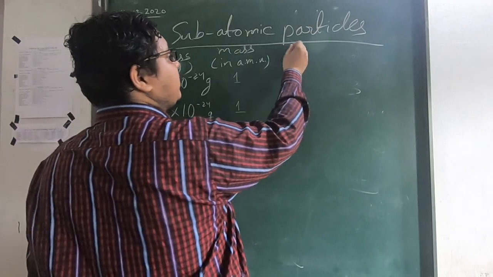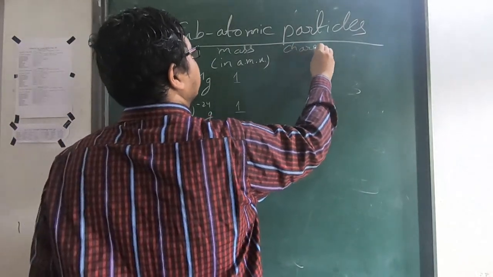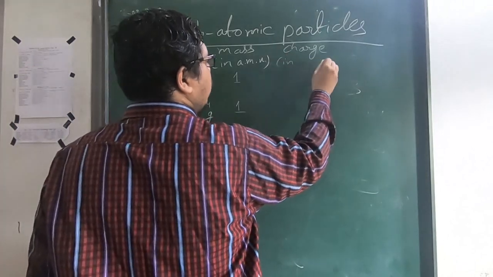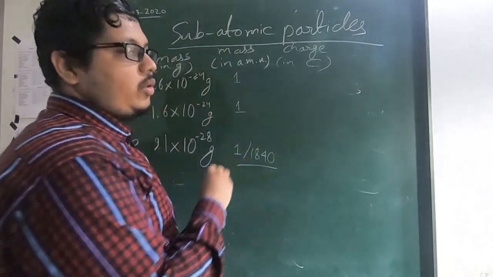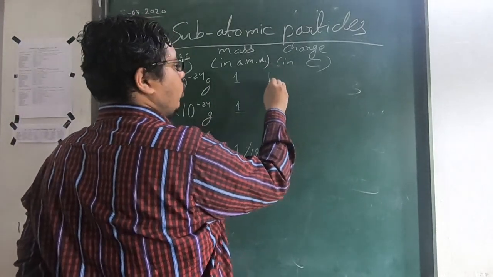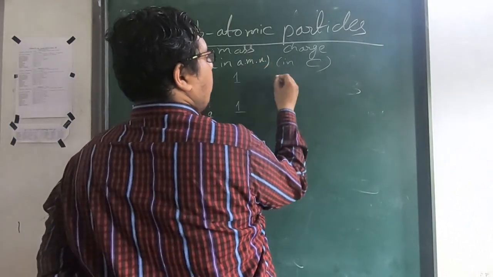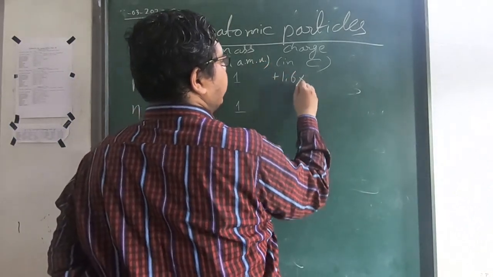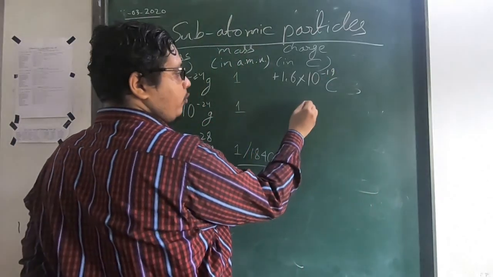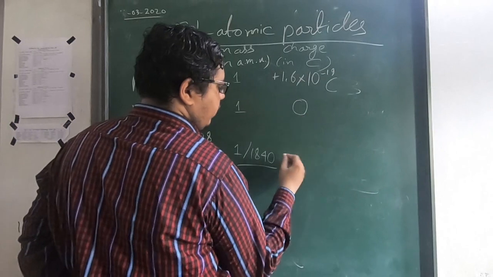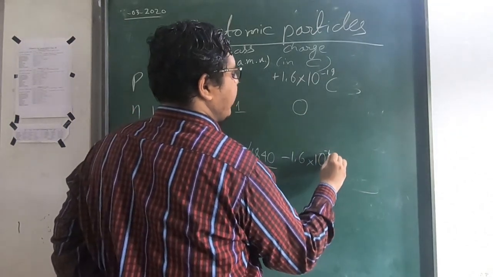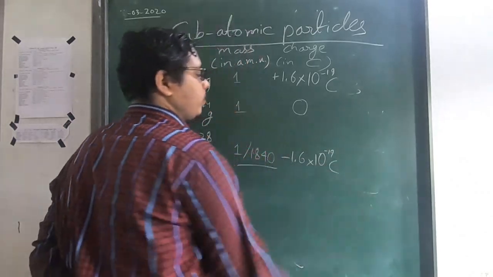Now, when we talk about charge in coulombs, that is the SI unit of charge, the value for proton is plus 1.6 into 10 to the power minus 19 coulomb, that of neutron is 0, and that of electron is minus 1.6 into 10 to the power minus 19 coulomb.